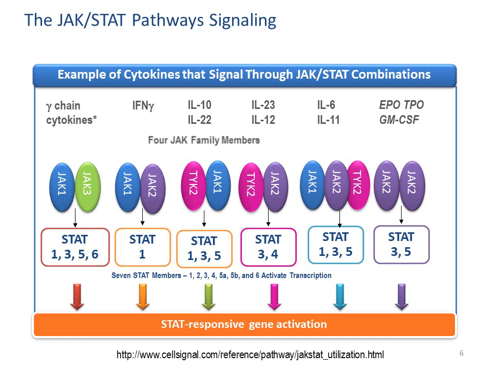There are 4 JAK family members: JAK1, JAK2, JAK3, and TYK2. There are 7 signal transducers and activators of transcription, which are STAT1, STAT2, STAT3, STAT4, STAT5A, STAT5B, and STAT6.